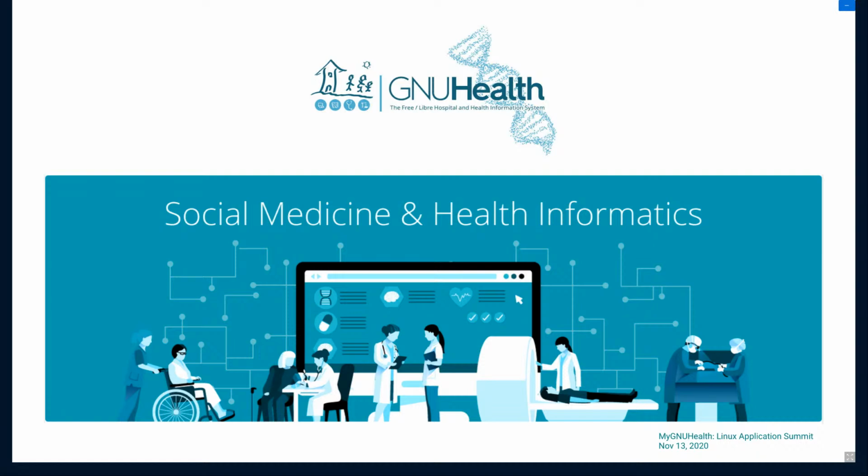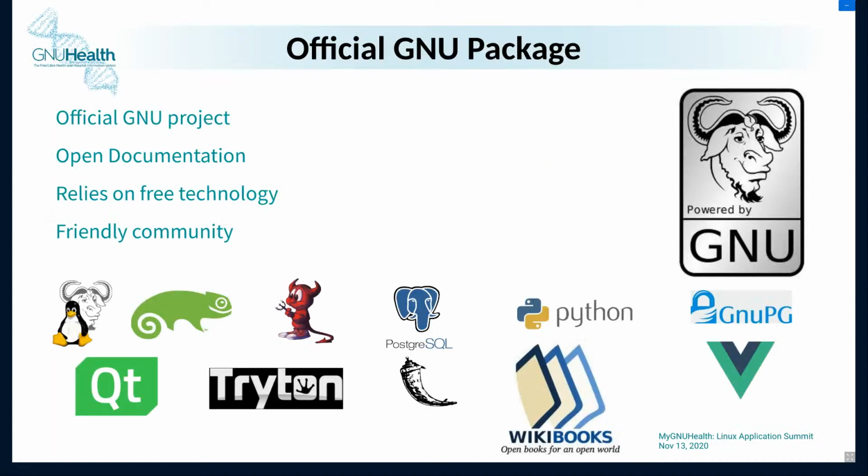So what brings us here today is, again, MyGNUHealth, and as I said at the beginning, it's part of a larger project called GNU Health. These are some of the technical components that we use in our project. All of them, of course, are Libre software, from operating systems like openSUSE or FreeBSD.